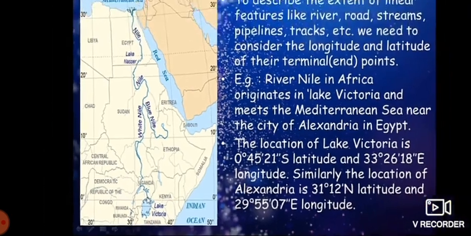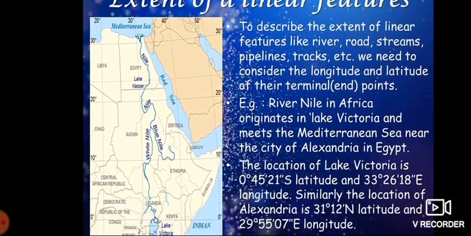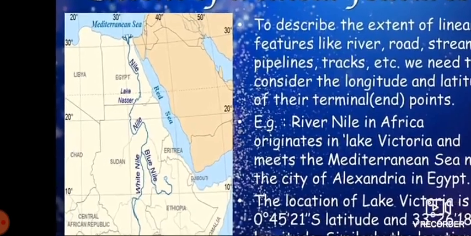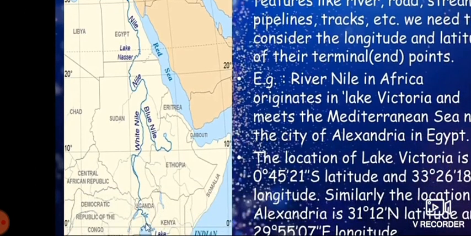Similarly, the location of Alexandria is here. Now we will search its latitude and longitude. Its latitude is 31 degrees 12 minutes north.